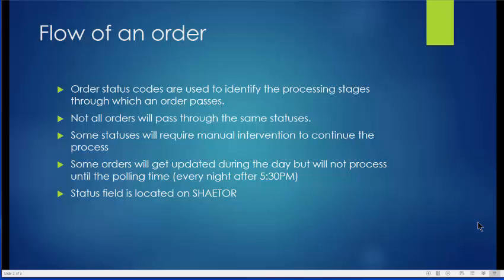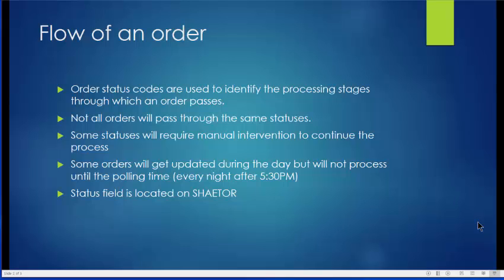Some statuses will require manual intervention to continue the process, and I'm going to tell you more about those because those are the ones that require an end user at the college to do something. A lot of your e-transcript request orders are going to process without any intervention whatsoever, but some will need end user intervention.